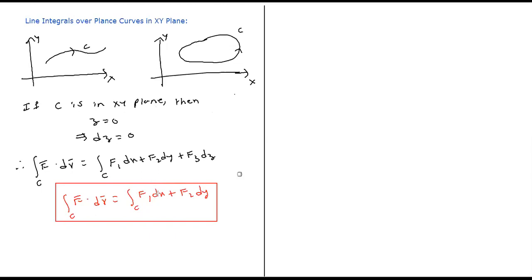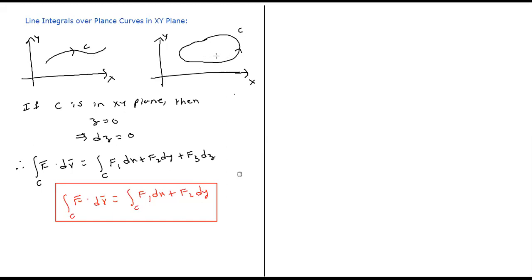If it is a plane curve lying in the xy plane and it is an open curve, you'll get a relation between x and y. That relation can be an explicit relation, something like y equal to x, y equal to x square, y equal to x cube. If it is a closed curve, you will get an implicit relation, such as x square plus y square equal to 3, or 2x square plus 4y square equal to 5.